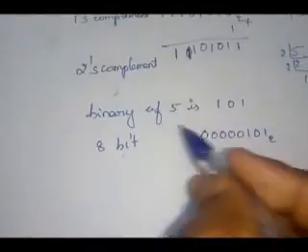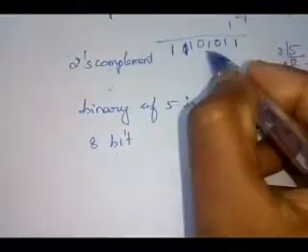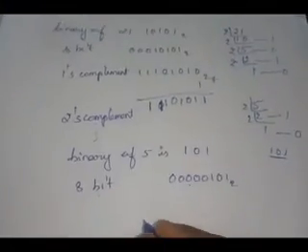Now add this one. What are the things? 8 bit of 5 and 2's complement of 21. Add with.